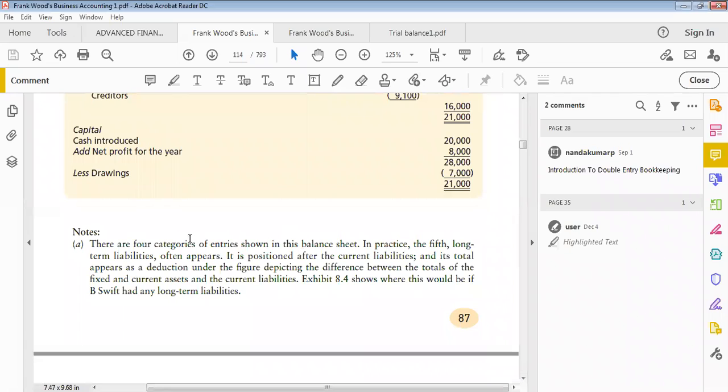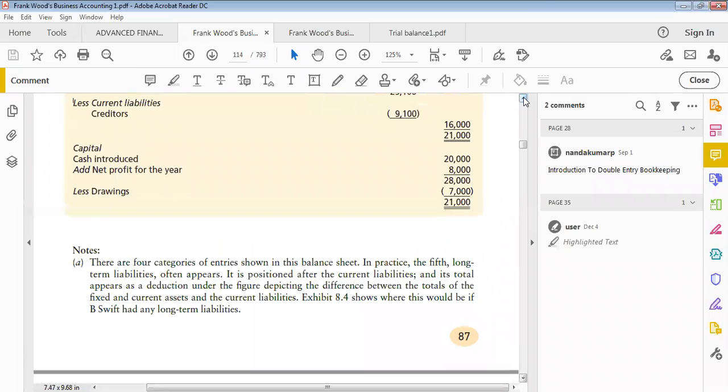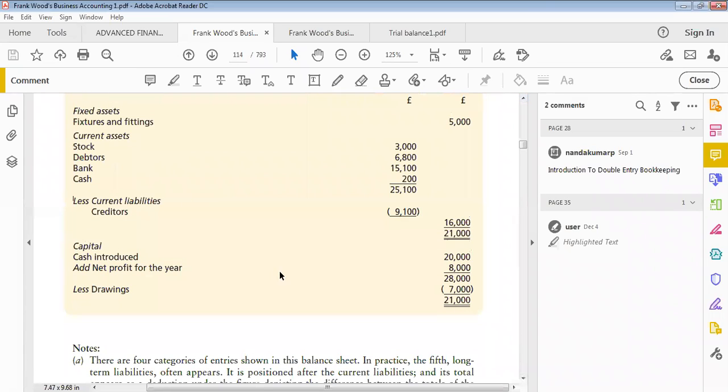In practice, the fifth, long-term liabilities, often appears, which is right here.